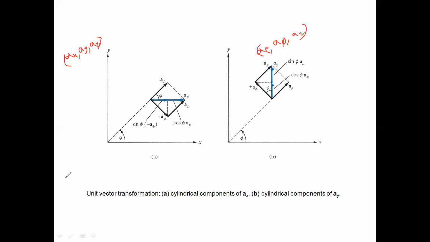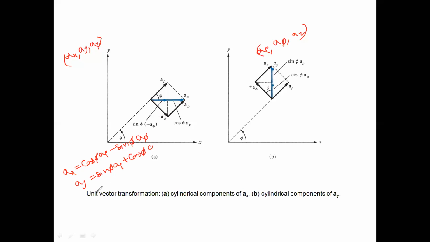Now, as we applied the trigonometric functions in the previous slide to relate the coordinates x, y and rho, z, in the same manner if we apply it here with respect to this figure, then we can get the relations: ax equal to cos phi a rho minus sin phi a phi, and ay equal to sin phi a rho plus cos phi a phi.